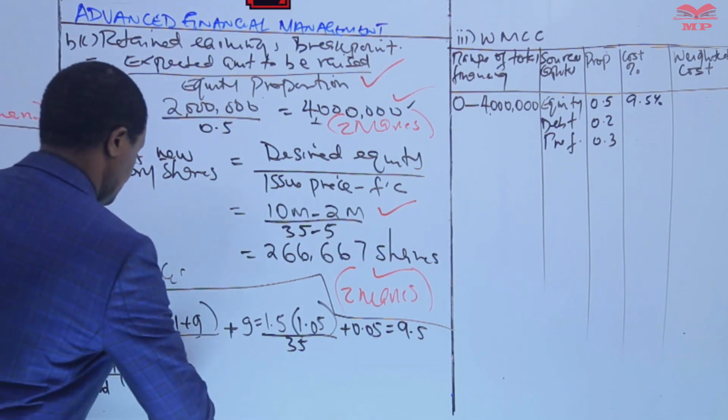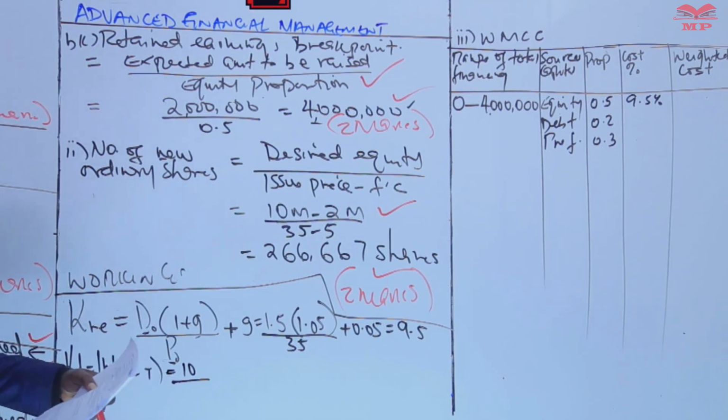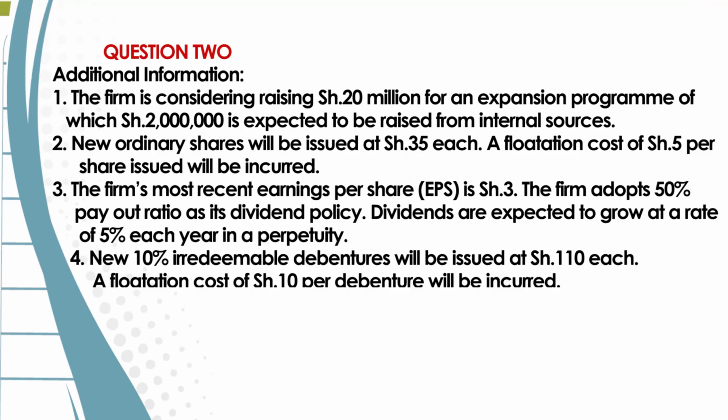We divide by the market value of this debenture. Note number 4: new 10% debentures will be issued at 110 shillings. That is the market price, but there is a flotation cost.